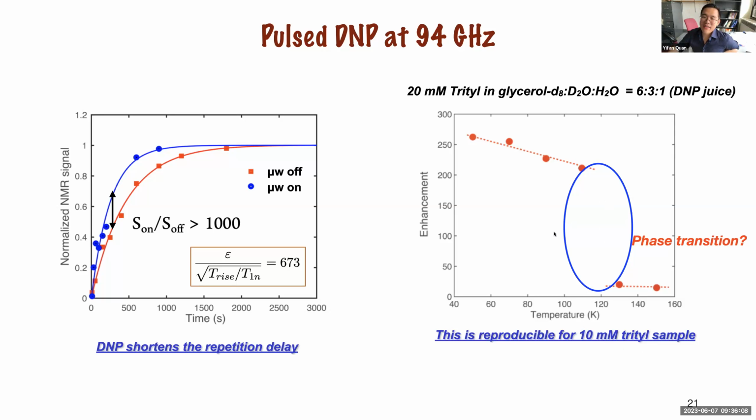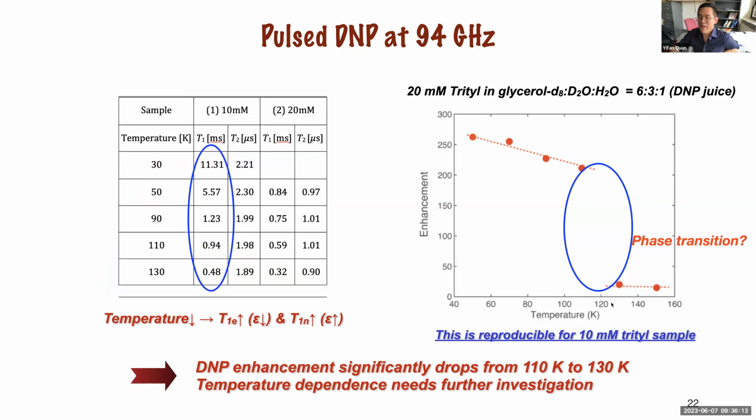And I also want to mention that the temperature dependence of DNP can actually be quite complicated, not straightforward. For example, if you cool down your temperature, you will have an increase of your electron T1, which is bad for your DNP because now you have to wait a longer period of time for the electron to recover to its original polarization. But you also have an increase of your nuclear T1, which is good for your DNP enhancement.